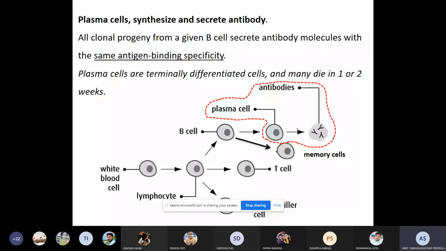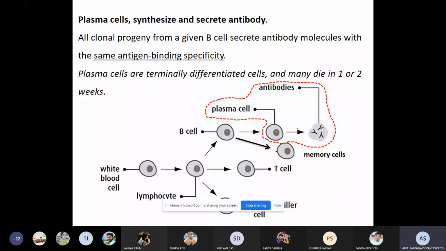So all the progeny, all the B cells coming out of X, are just like X. All of them have the capability to show the membrane-bound antibody just like cell X. So progeny from a B cell secrete antibody molecules with the same antigen binding specificity.